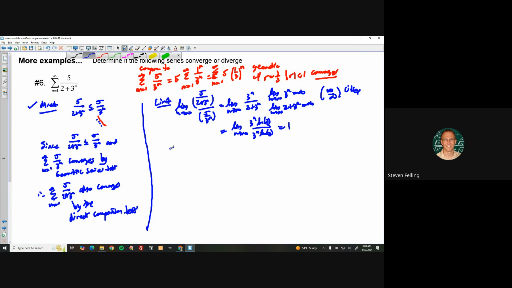Right? And then we can say, since the limit as n approaches infinity of 5/(2 + 3^n) over 5/3^n is 1, which is finite and positive, and the series n equals 1 to infinity of 5/3^n converges by geometric series test.